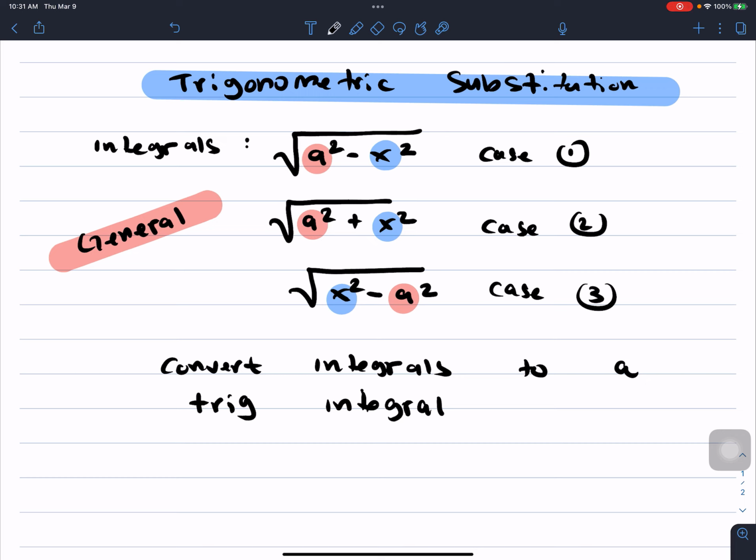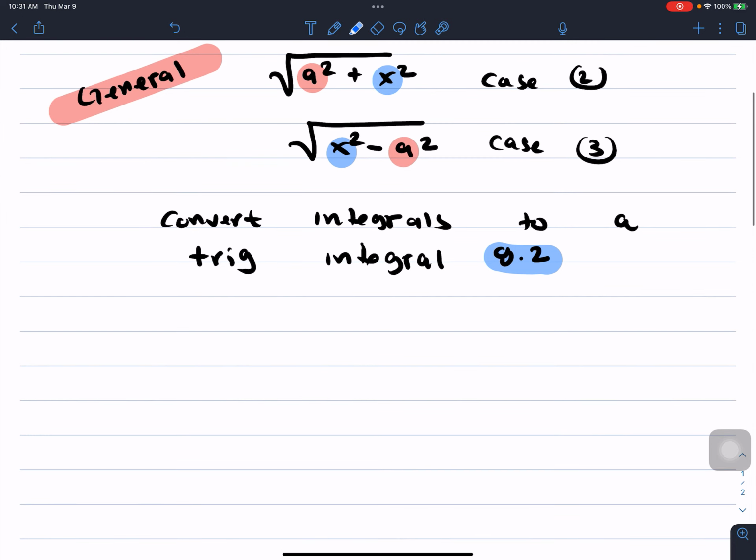And you say, what do you mean trig integrals? Yeah, that's 8.2. So trig integrals are in 8.2. This is actually 8.3. This is what we call doing a trig substitution. It's kind of like a u-sub, but it's trigonometric substitution.